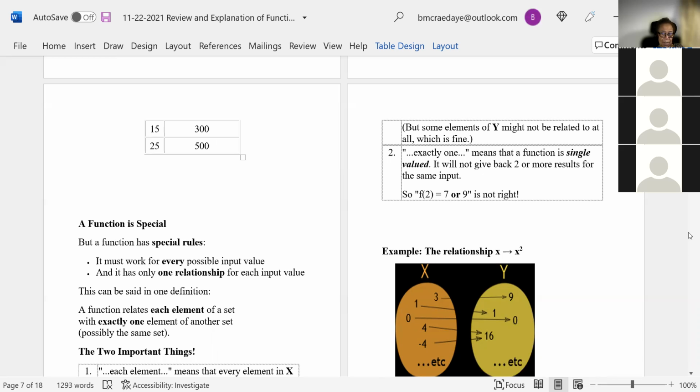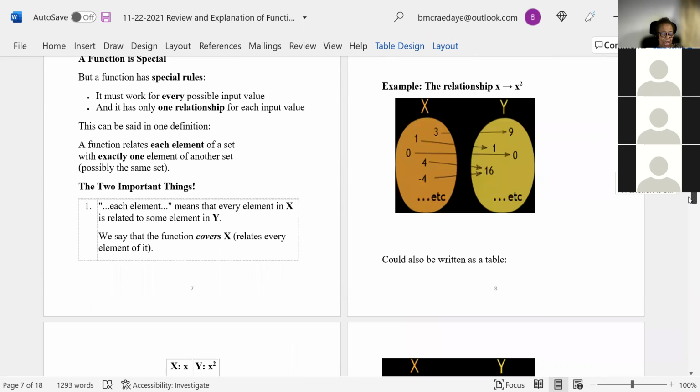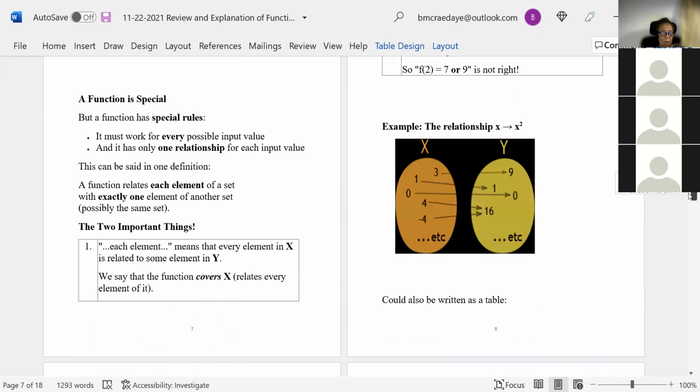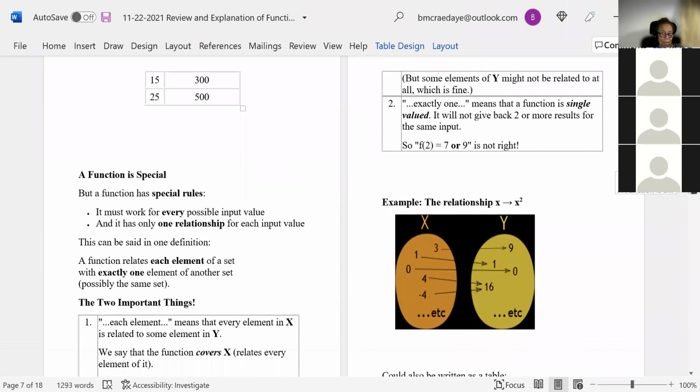But this is how you can identify whether something is a function or not. For every X, there's only one Y related to it, or for every input, there's only one output. Okay. So we say that it is single valued. In other words, f of 2 can't be two values, 7 or 9. That's not right. It has to be just one value.